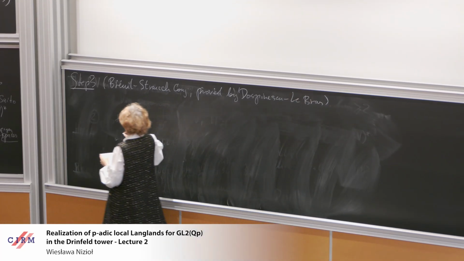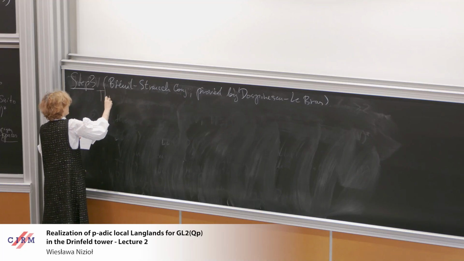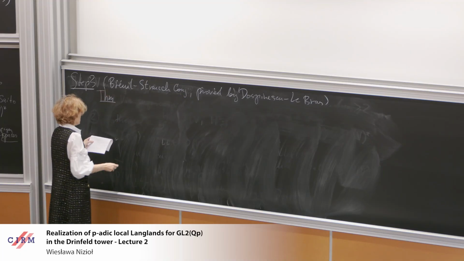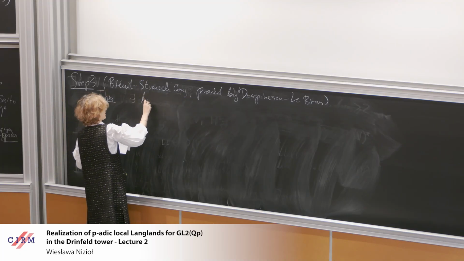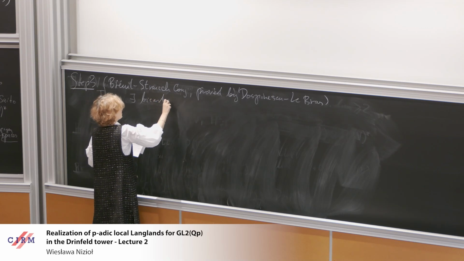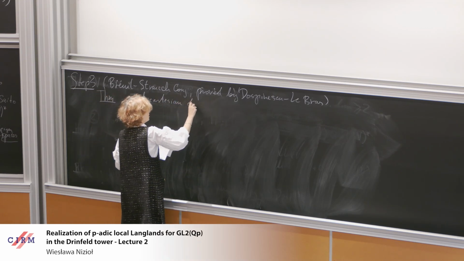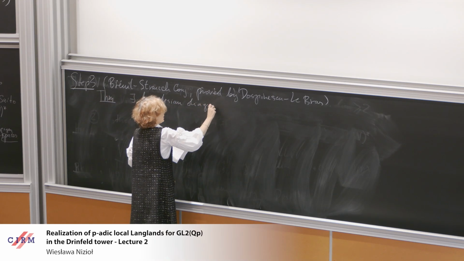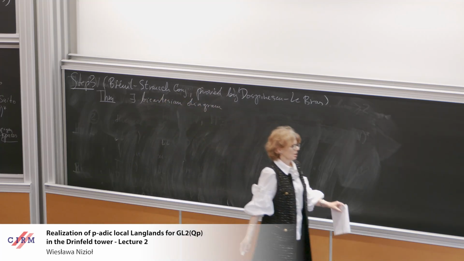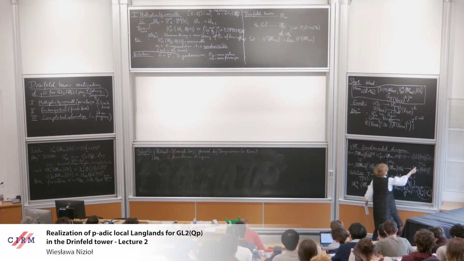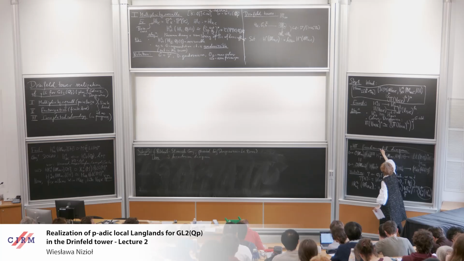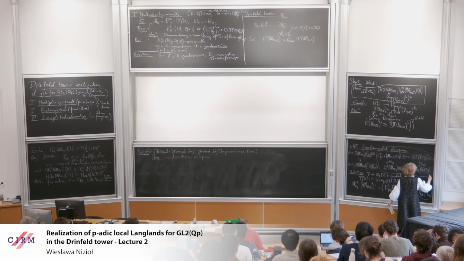Okay, so let me state it in this form, in the form that we actually did it here. So there exists a bicartesian diagram. Oh yeah, so speaking of which, this is the diagram we are interested in. This is important for us, this diagram here.